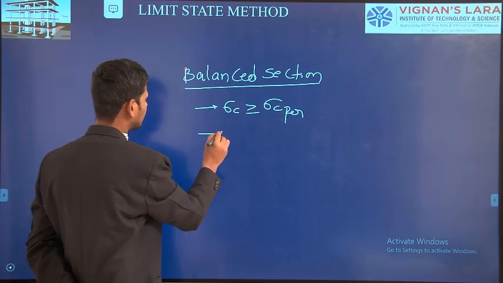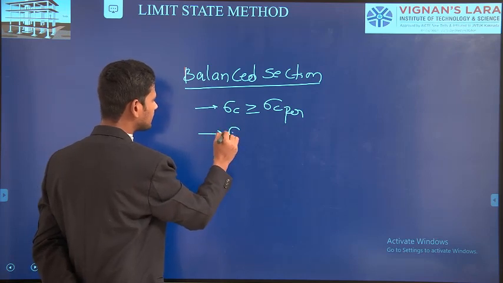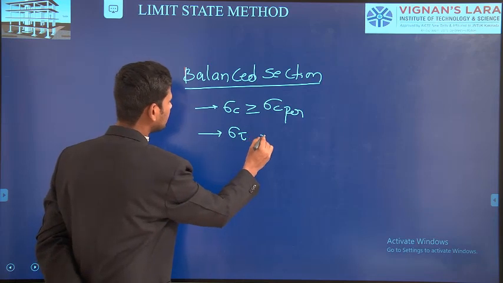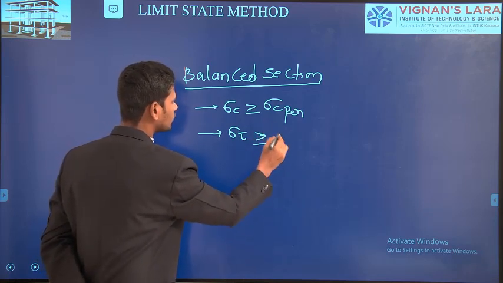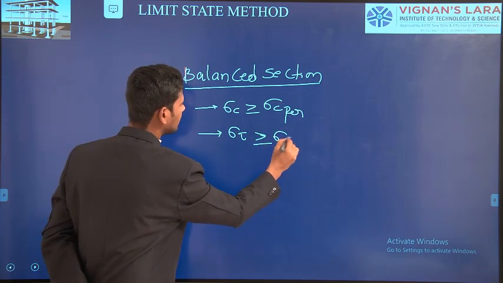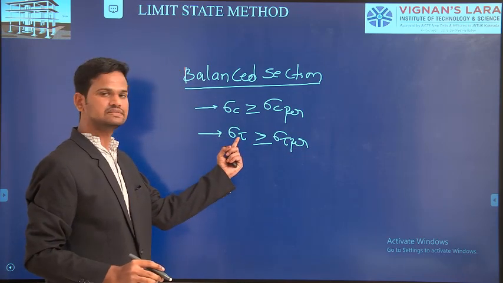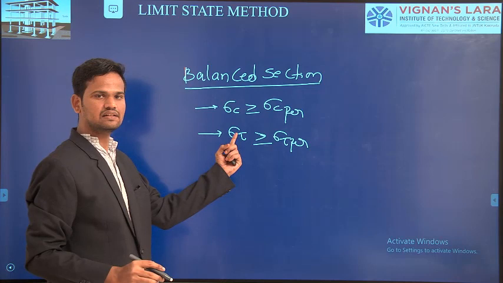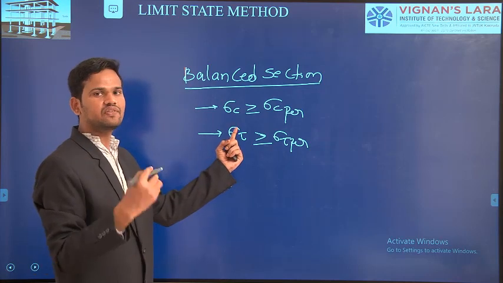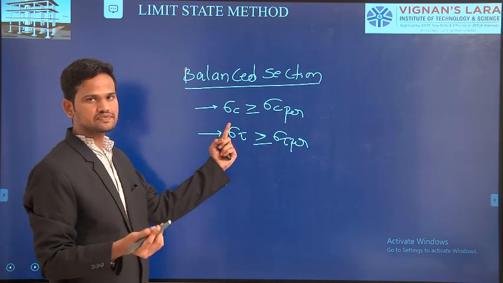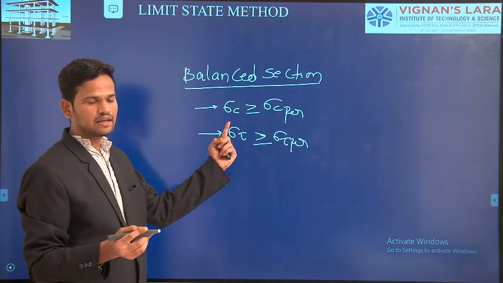Again, if you take the tensile strain of steel also, it will be greater than or equal to the permissible tensile stresses. That means the concrete and the steel will both fail simultaneously. Due to this simultaneous failure, this section may collapse.